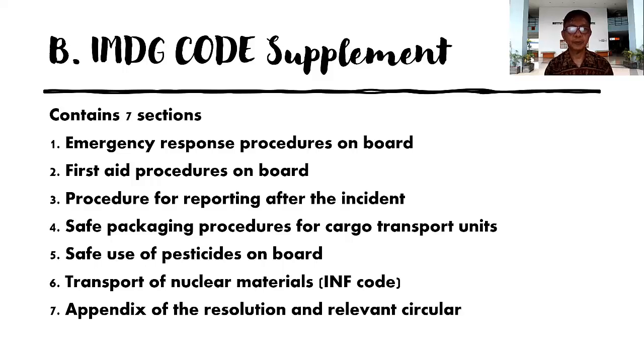Third is procedures for reporting after an incident. Fourth is safe packing procedures for cargo transport units. Fifth, safe use of pesticides on board. Sixth, transport of nuclear materials using the INF Code. And the seventh, appendix of the resolutions and relevant circulars.